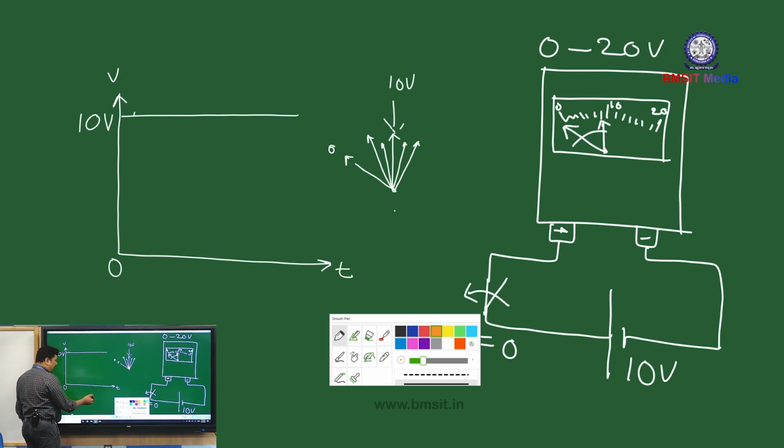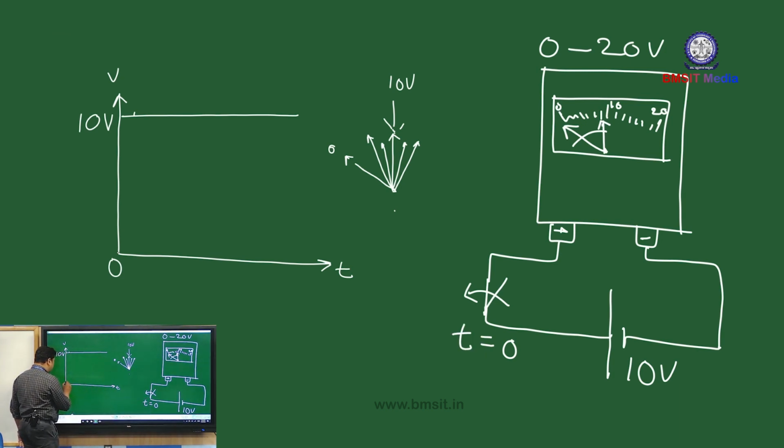So now my expectation is that the moment I close the switch at t equals 0, the response of the voltmeter should be like this: instantaneously the pointer should deflect to 10 volts, and at t equals 0 it should stop at the 10 volt marking.